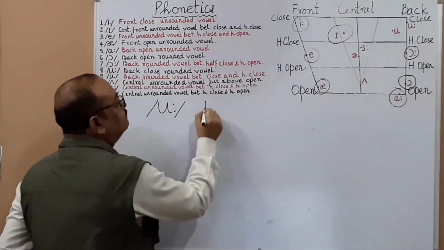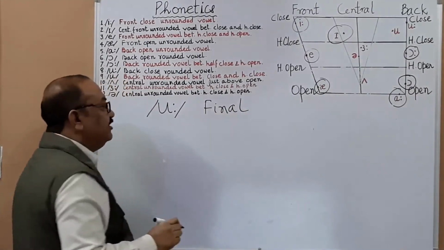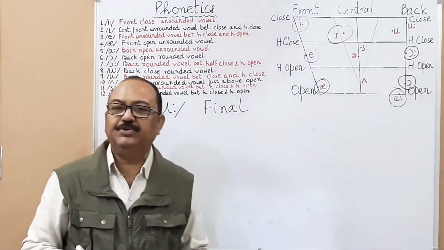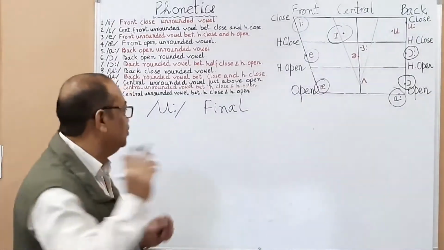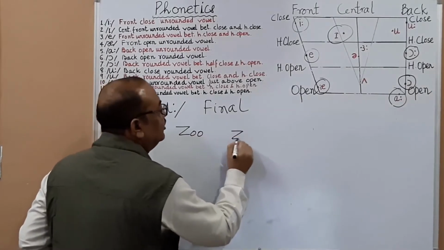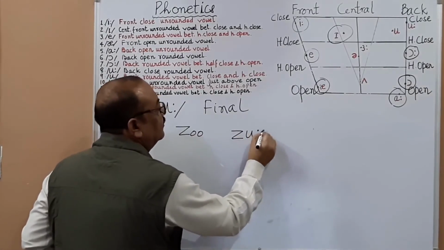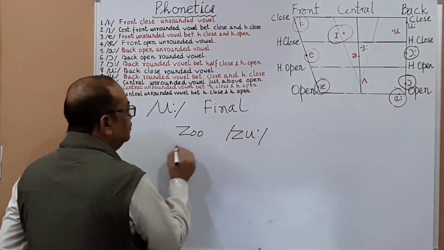Final position. So finally, where do you have this in words like zoo? Good. Zoo. So how do you write zoo? Now this is a cream finally. Or shoe.